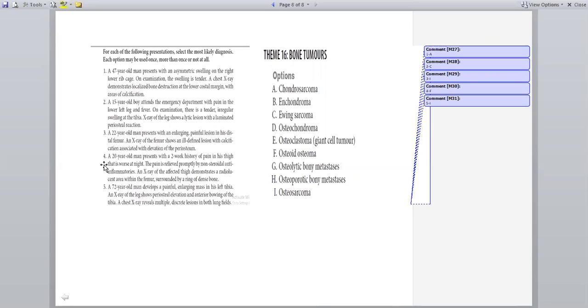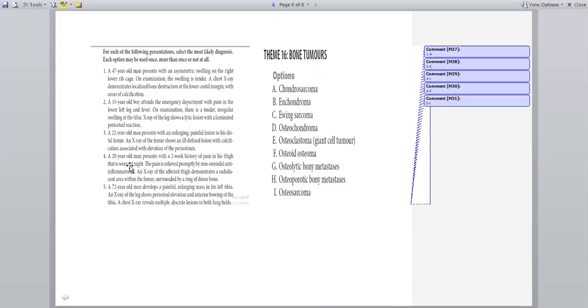Our last question: a 20-year-old man presents with a 2-week history of pain in his thigh that is worse at night. The pain is relieved promptly by non-steroidal anti-inflammatories. An X-ray of the affected thigh demonstrates a radiolucent area within the femur surrounded by a ring of dense bone.